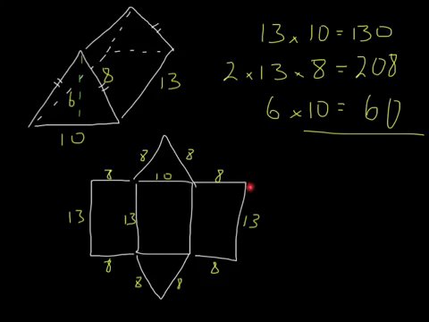I have 2 rectangles that are 13 by 8. And I have the triangles, 2 triangles that have the height of 6 and the base of 10. And because there's 2 of them, I don't have to worry about the half. I can just do base times height. That gives me 60. Altogether, added up, that equals 398.